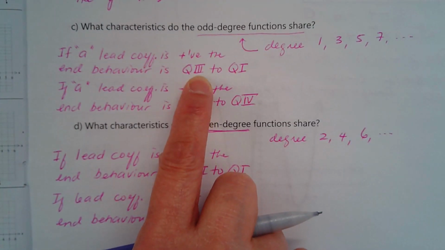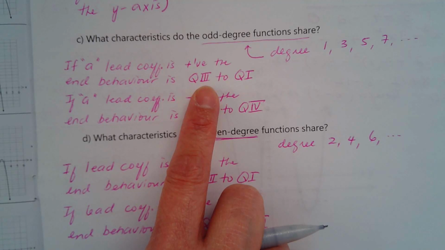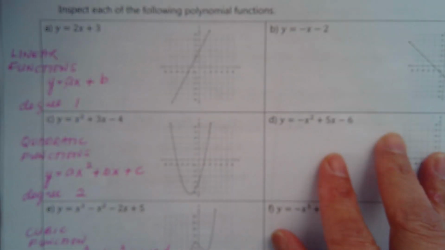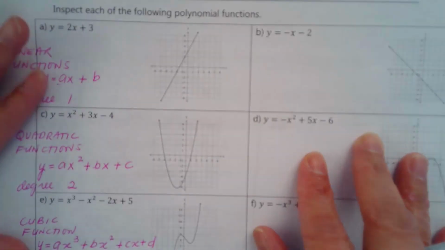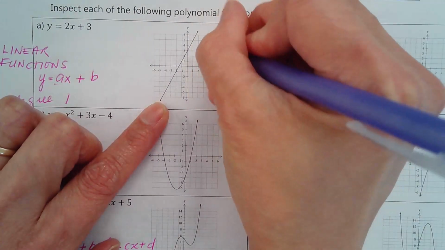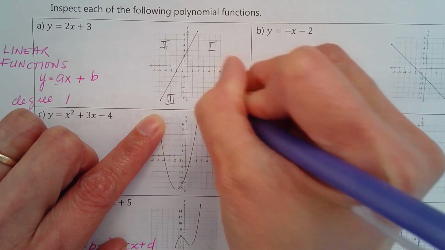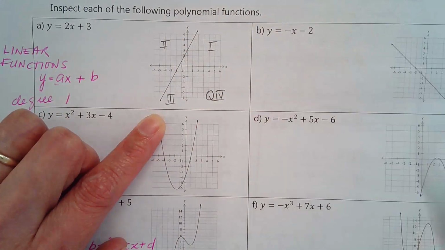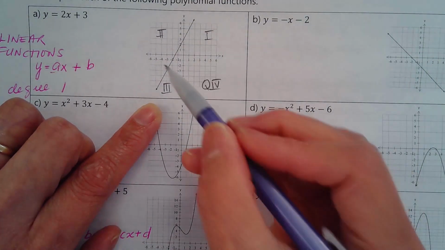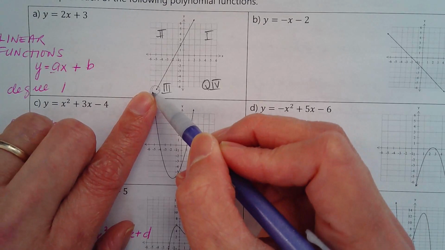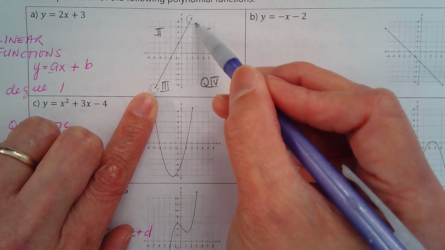This one here, because this is an odd degree, let's go back here. I'll get to your question in a second. Let's just make sure that everyone's good. So this is quadrant 1, quadrant 2, quadrant 3, quadrant 4. This end goes from quadrant 3, and then this end goes to quadrant 1.